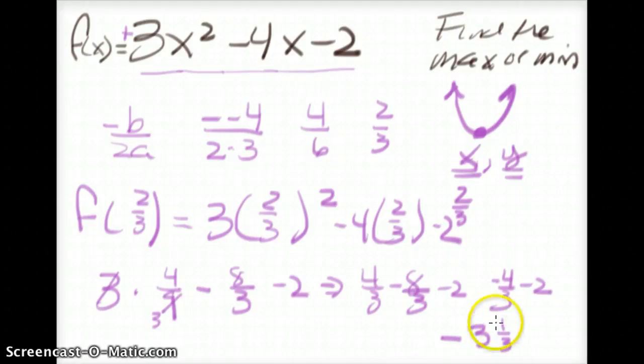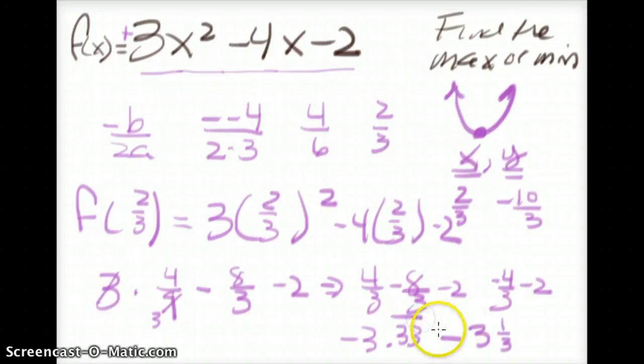Okay, now that is the y value. We could say, if you want to, negative 10 over 3. You could say minus 3.33. Okay, whatever. All right, so find the minimum or maximum. The minimum is this number, okay? The location is that number.